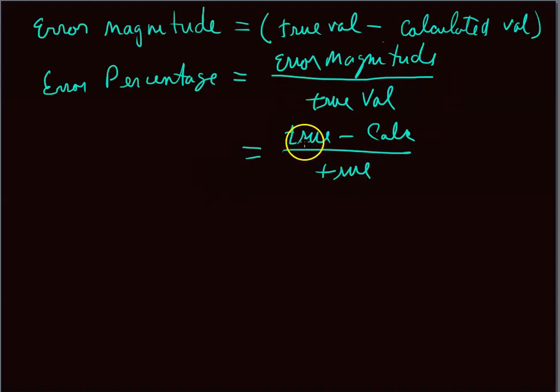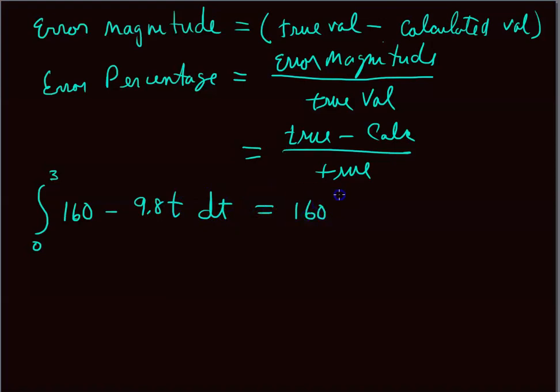So if we wanted the true error here, we can find the integral from 0 to 3 of 160 minus 9.8t dt, which gives me the function 160t minus, well, we add 1 and then divide by the new thing.